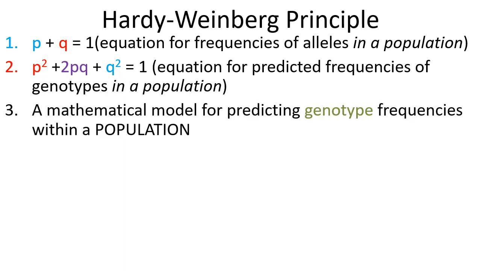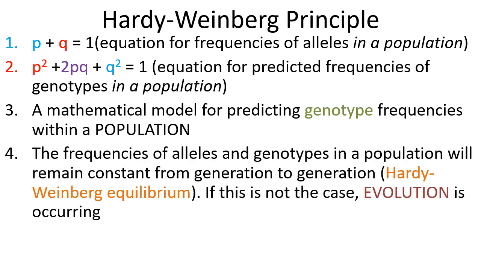All right, so we're going to use this then to predict genotype frequencies within a population. And these frequencies of alleles will remain constant from generation to generation if they are in Hardy-Weinberg equilibrium. Essentially, if evolution is not occurring on a trait, if the trait is not changing within a population, then it's in Hardy-Weinberg equilibrium.